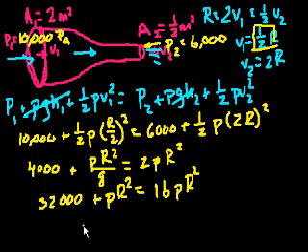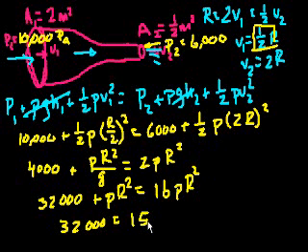And subtract rho R squared from both sides of this equation, we get 32,000 is equal to, well, this is 1 rho R squared, this is 16 rho R squared, so this is 15 rho R squared. And then what's rho? What's the density of water? Well, the density of water is 1,000 kilograms per meter cubed. So let's divide both sides by 15 times rho.